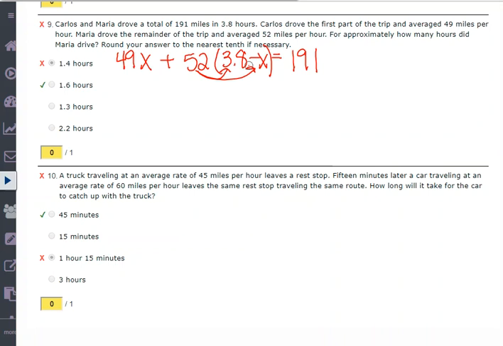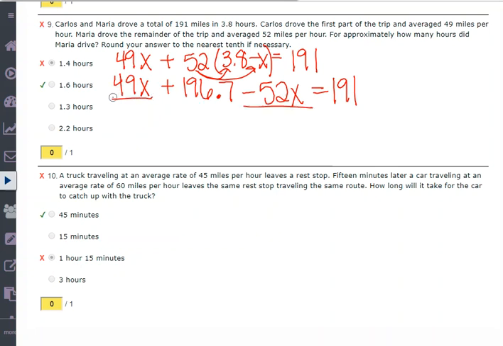52 times 3.8 is 196.7, so it's 49x plus 196.7 minus 52x equals 191. That's so weird, I'm writing like a ghost. I need to combine these two. 49 minus 52, that's negative 3x.